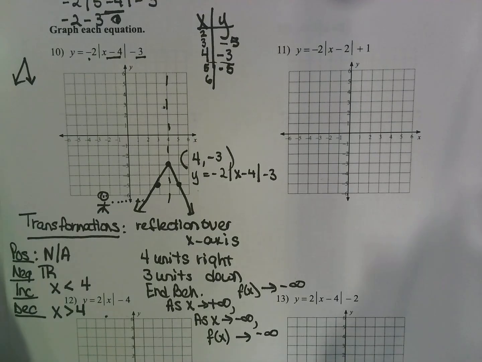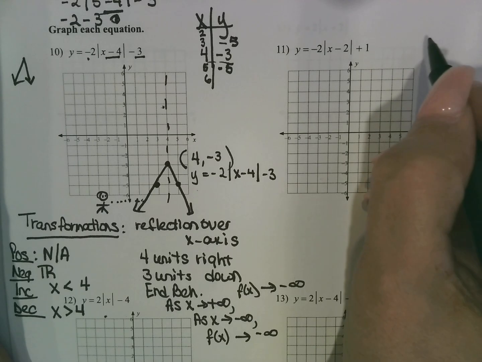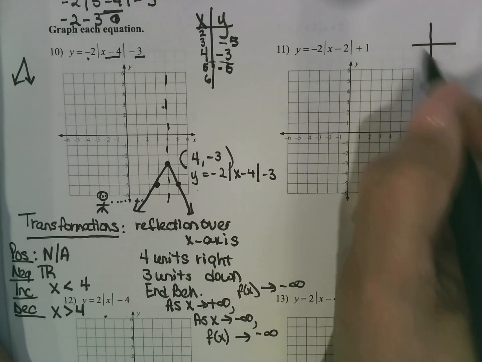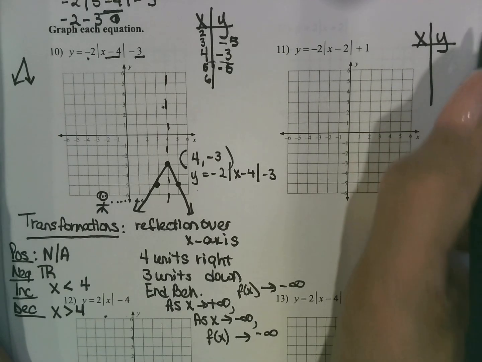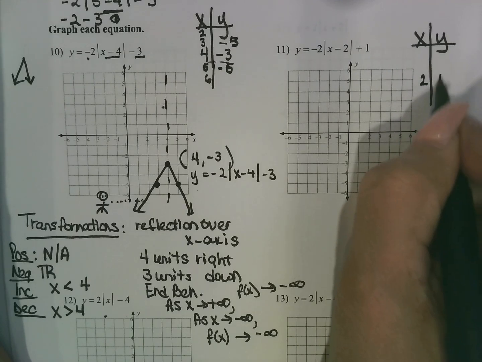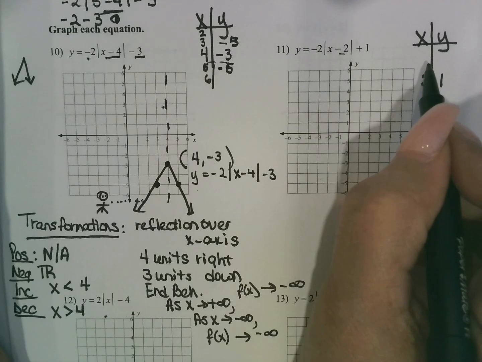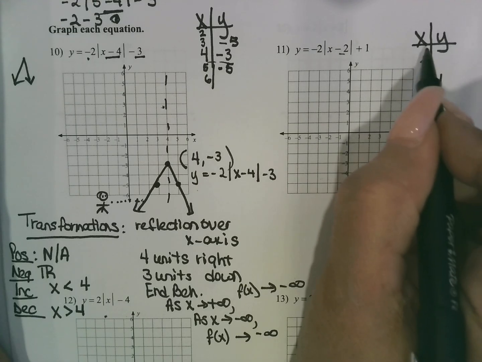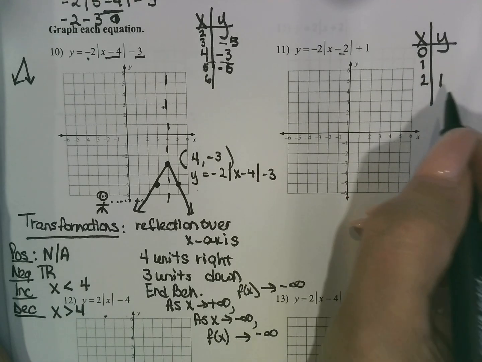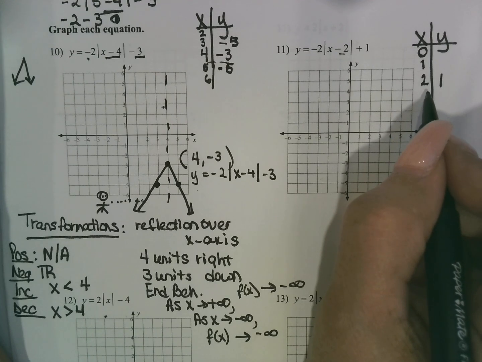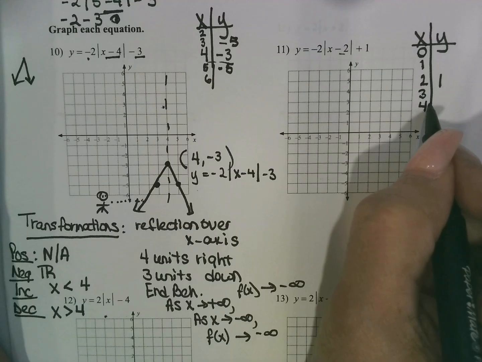Study guide. All right, again, we're going to look for the vertex, and since this is in vertex form, it's really easy to spot. It's going to be 2, 1, right? We take the opposite of what's inside the function. I'm going to get 2 values that are smaller, so 0 and 1, and 2 values that are larger, so 3 and 4.